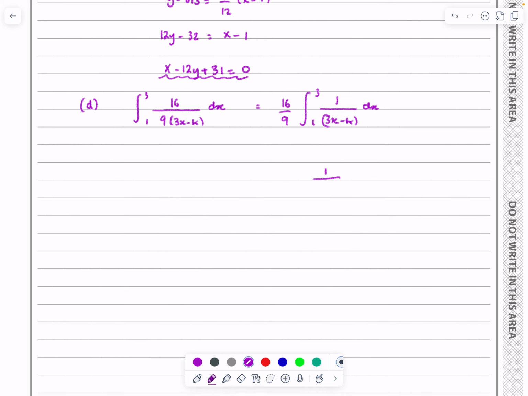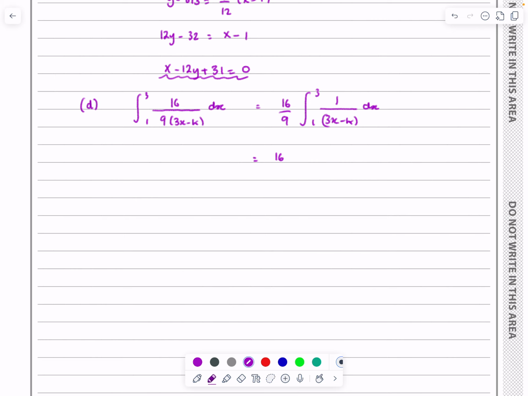If we've got 1 over ax plus b here, I'd hope most of you would say, well, 1 over x is going to give me log x, so log of our function here, but then I have to do 1 over a, divide by the differential of that part there. So I'm hoping that's not too much of a stretch for you all. If it is, go back and do some more revision.